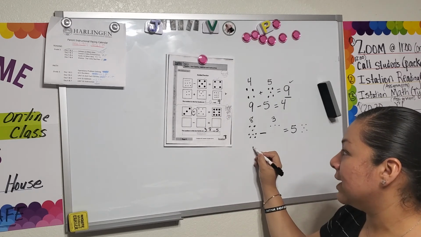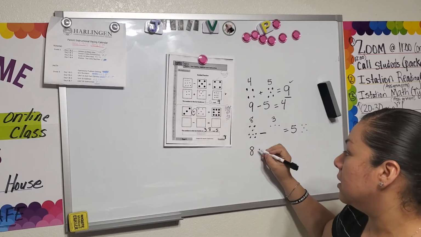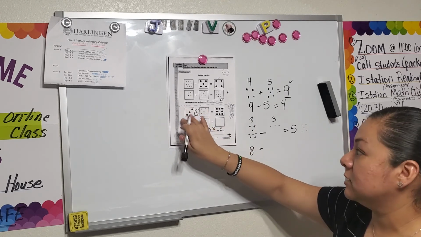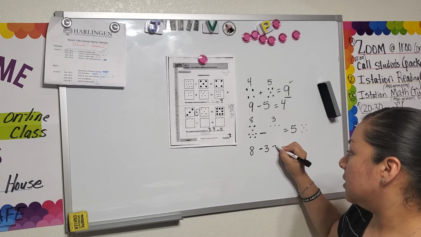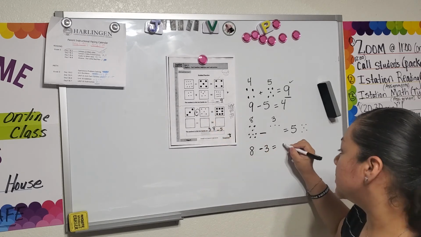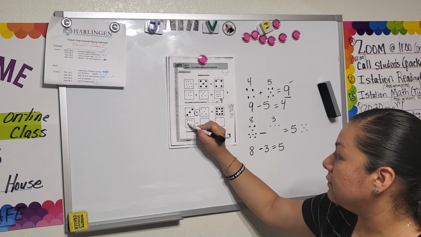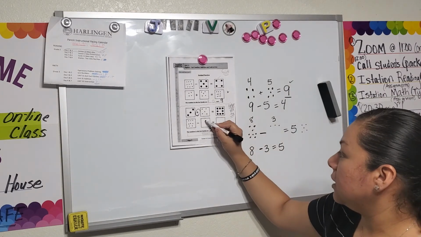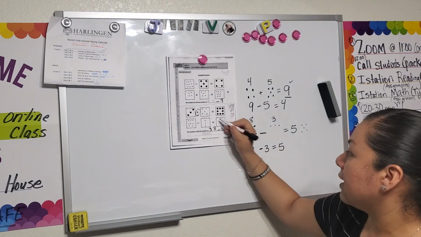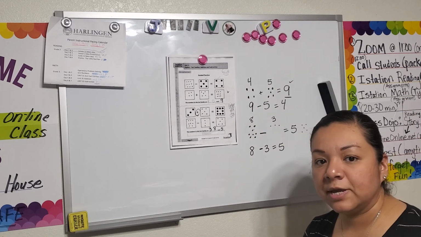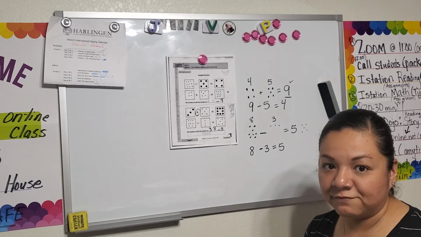The total here was 8, which is this one, minus one of these parts. Let's do 3 equals what? Which is my 5. You can draw those in. 1, 2, 3, 4, 5, 6, 7, 8, and then 3, and then 5. So I know that I just created my subtraction fact family.